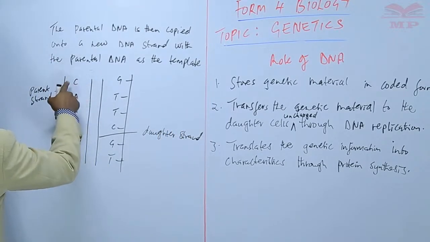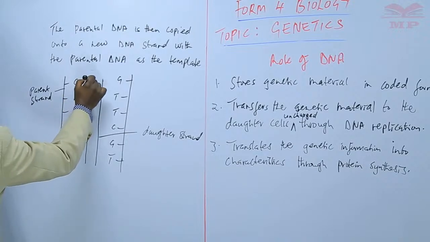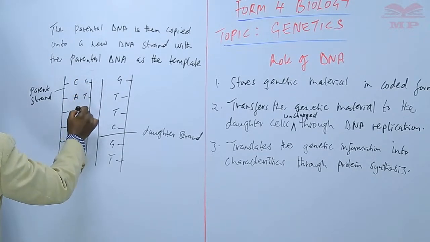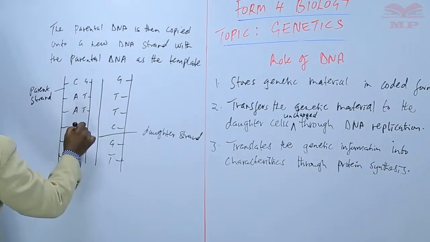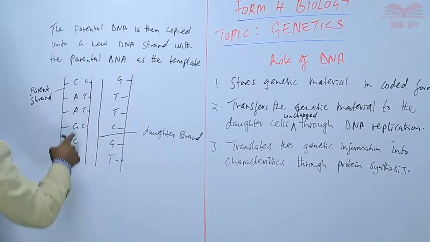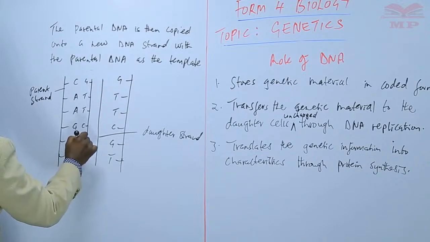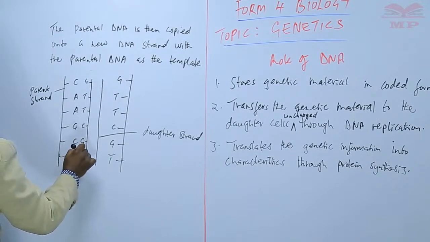So if there was a C on the parental, it copies a G, A for a T, A for a T again, C for a G, C for a G, A for a T.